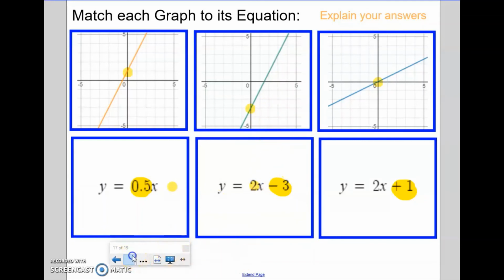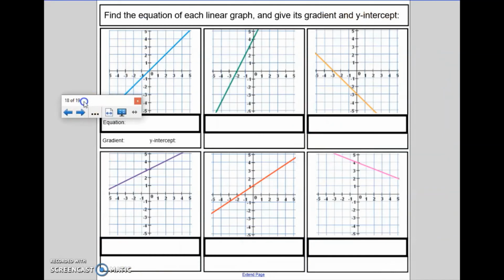Okay, last task for you to have a go at. So this time I have displayed 6 graphs on the screen. For each graph, I want you to tell me its gradient, followed by its y-intercept, and then put those two values together to give me the full equation of the line.